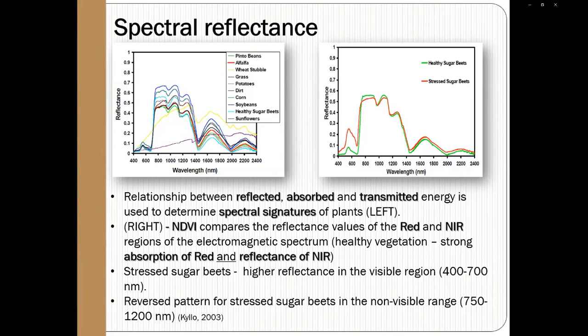So you can see in this case we have stressed sugar beets that have higher reflectance in the visible region, and on the other hand there is a reversed pattern for stressed sugar beets in the non-visible range.